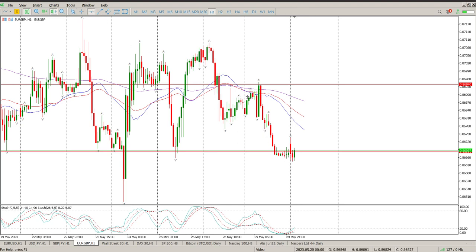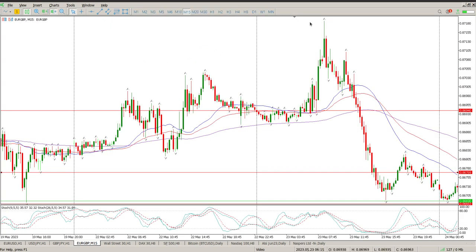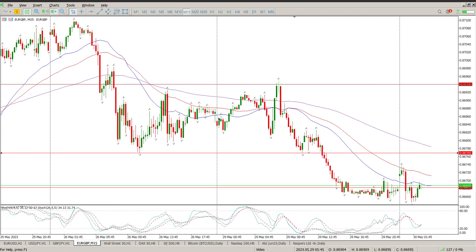Again, I'm looking to short higher up, and that is in this area here at 0.86769. Now, this is another one that you would have probably been better off on the 15 minutes, and you can see market open, gap up, run, look at the moving averages, and then look at the divergences here, and then you've got this range bar there with the confirmation bar.